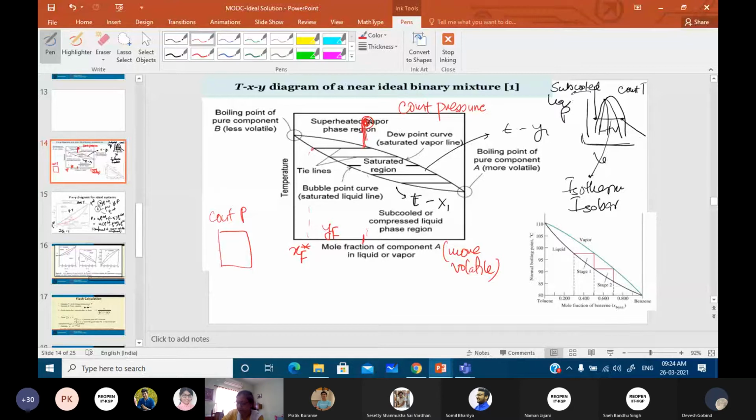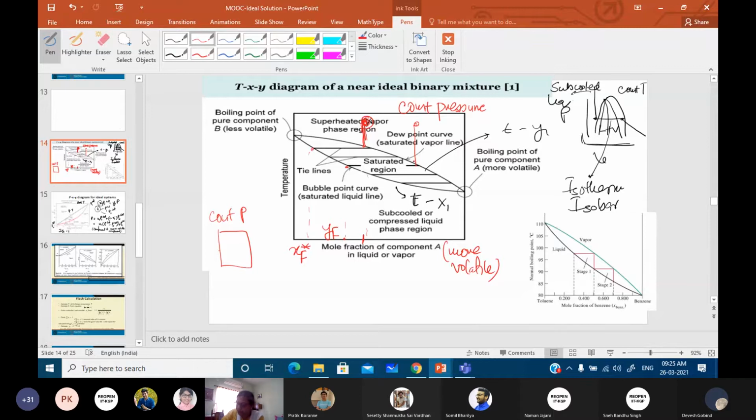Star denotes equilibrium composition, right? Now, if we would have started from this point instead and cooled the vapor mixture and arrived at this point, then again at this point the first drop of liquid appears, and in this case, the composition of the first drop would have been given by this particular point, right?